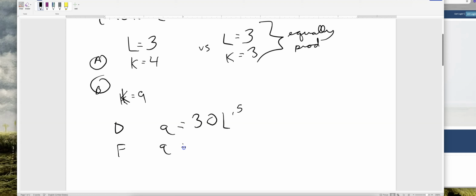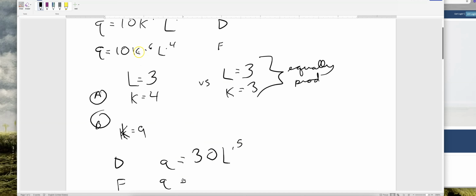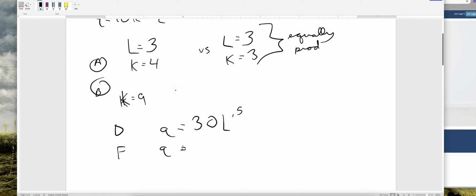And for floppy, now it would be 9 to the 0.6 power times 10, which gets us, calculator. Okay.